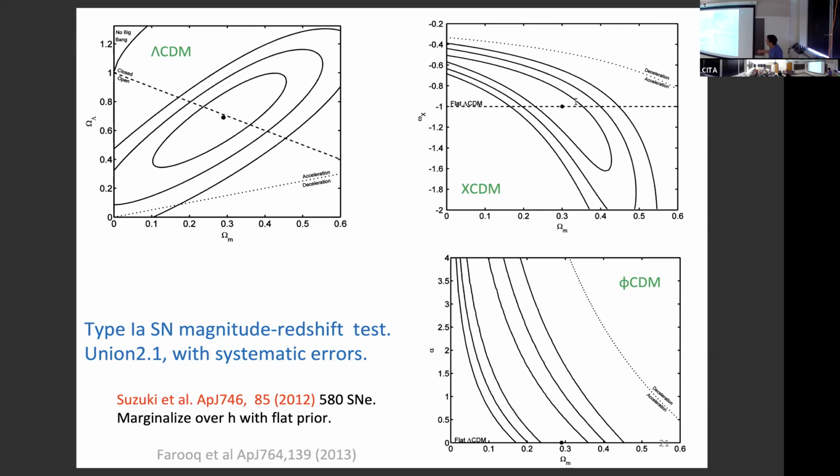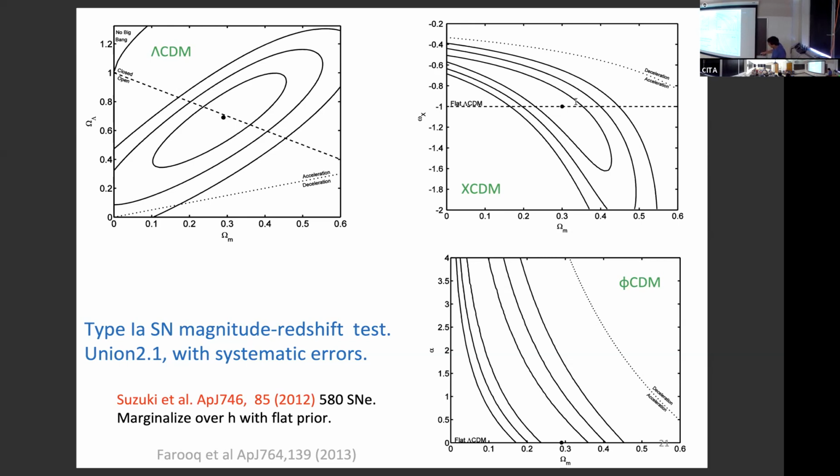And there are some dashed and dotted lines over here. So let's look at the dashed lines. That's the line along which spatial curvature is 0, and models over here are closed and models below here are open. At this line, w sub x is equal to -1. So this is the flat lambda CDM model.